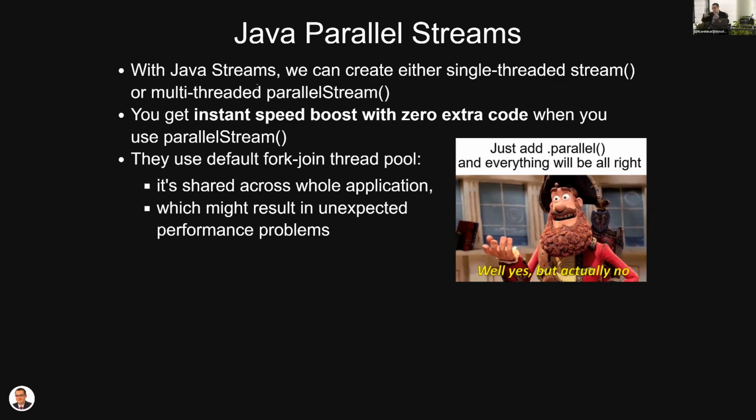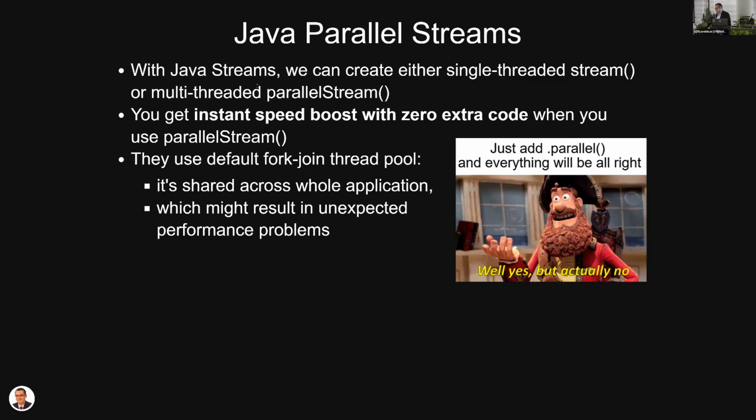Let's think that we have a web application that's accepting 10 requests at the same time, and processing each one of the requests uses parallel streams. What we have here is 10 threads, because we get a separate thread for each request, waiting for the parallel streams on this one single thread pool to finish the execution.